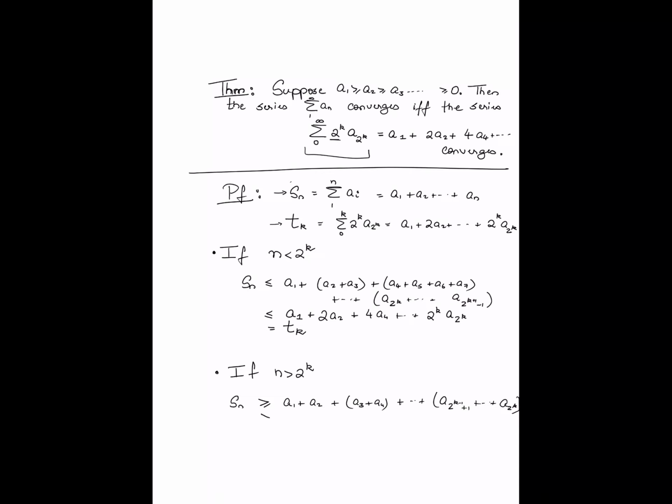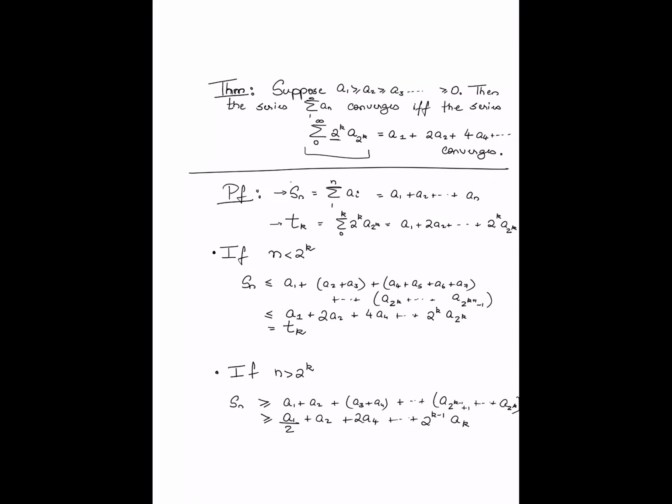Okay, so I'm going to further write this as, let's say, a1 by 2 plus a2 plus 2a4 all the way up to, well, if you stare at the last bracket, there are 2 raised to k minus 1 terms in that times ak.